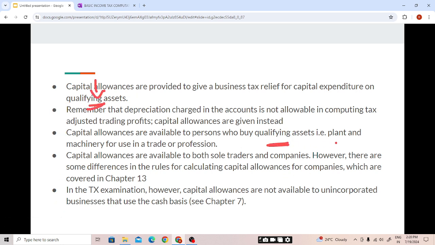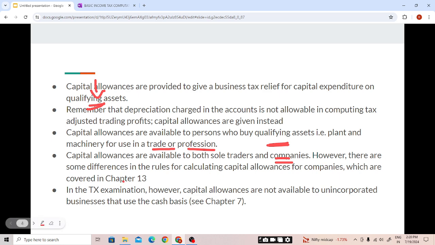Qualifying assets means plant and machinery for use in trade or profession. So the plant and machinery must be used in trade or profession. Then only can capital allowance be claimed. Capital allowances are available to both sole traders and companies, so to individuals also and companies also.